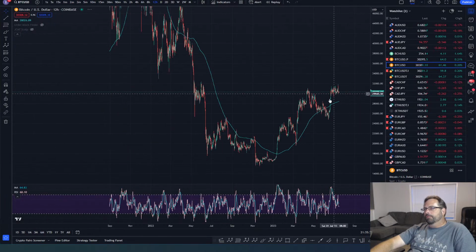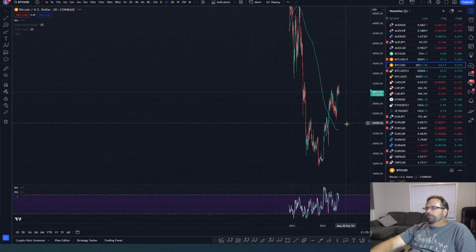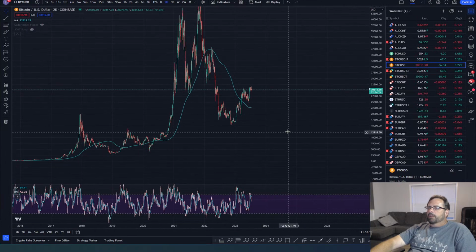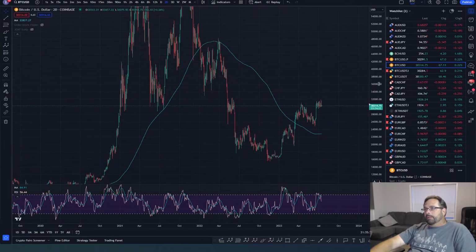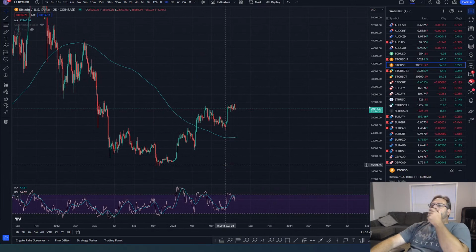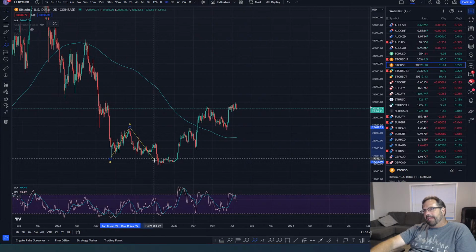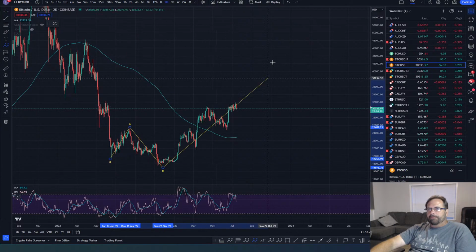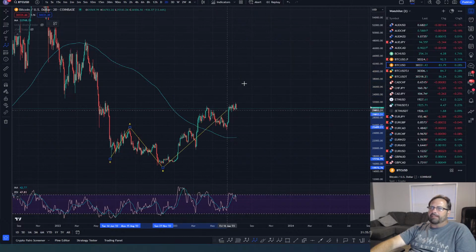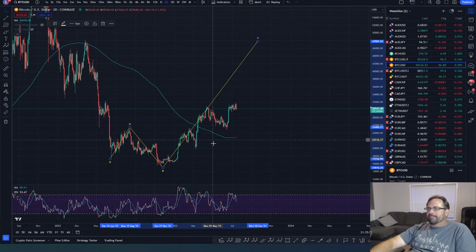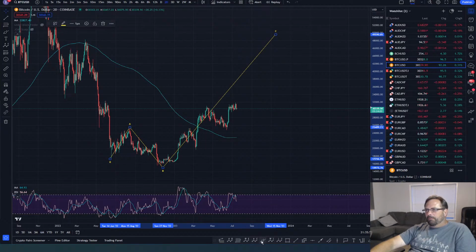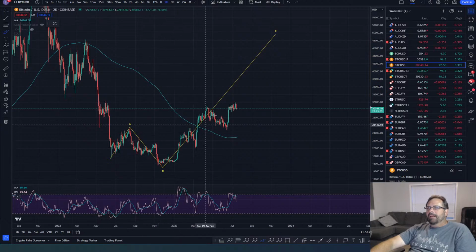Well, I think to be really bullish, you're probably going to have to, instead of doing what I do and call that an A, B, and C wave, because it's hard to say we got a C wave and we're still in it, because the shape of this wave is too weird for this to be a C wave that's starting like this.